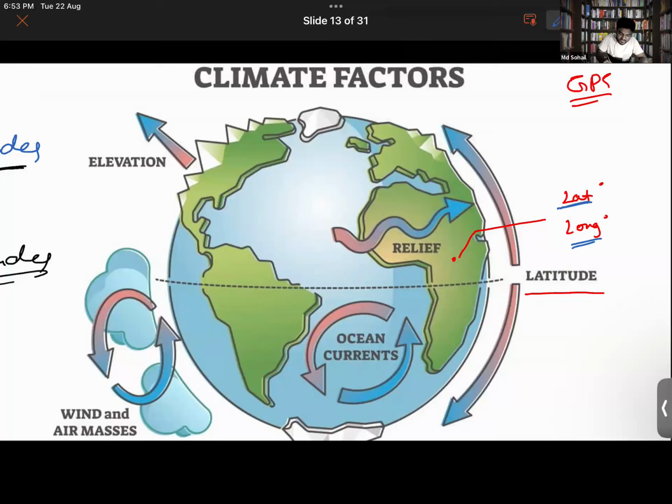This particular place will have a unique latitude and longitude. There must be a latitude and a longitude that will be intersecting each other at this point. Now guys, that intersection of latitudes and longitudes gives you the definite and accurate location of a particular region.